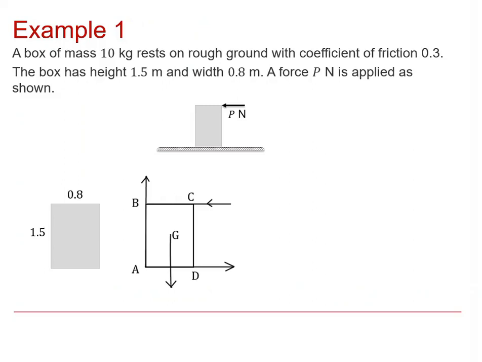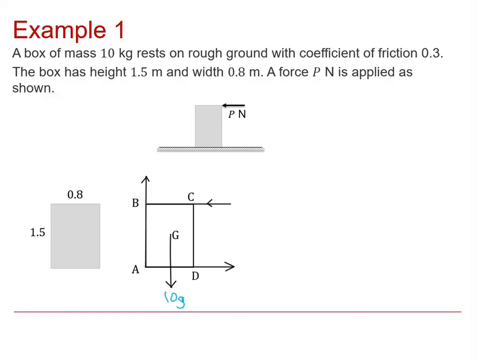So in this situation then, we'll assume it topples first, and we'll analyse the force diagram. Now there has to be a friction force. There has to be a weight passing through the centre of mass. The force P newtons applied, and we've just decided that the normal reaction force must act through the base at that corner. Well, let's put the forces on. We've got 10g, we know that.